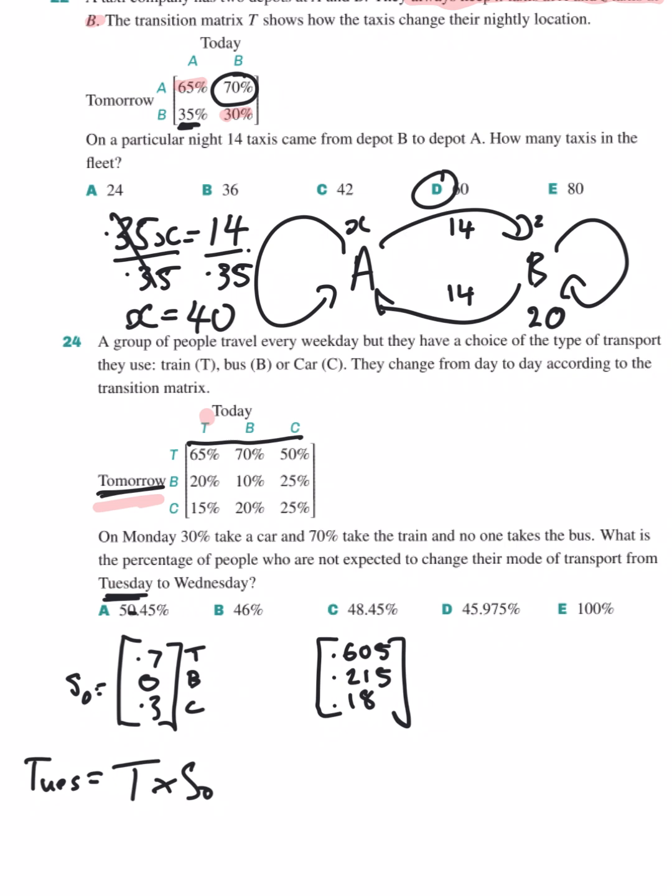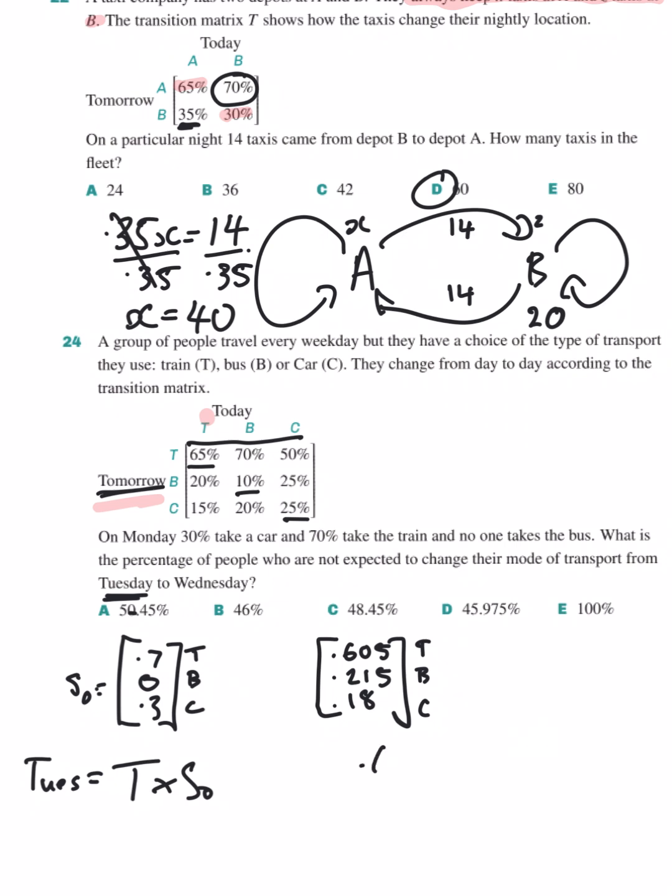Now, the percentage of people who are not expected to change their mode of transport. As we said, this is train, bus, and car. And like we said before, down the diagonal is those people staying in that position.